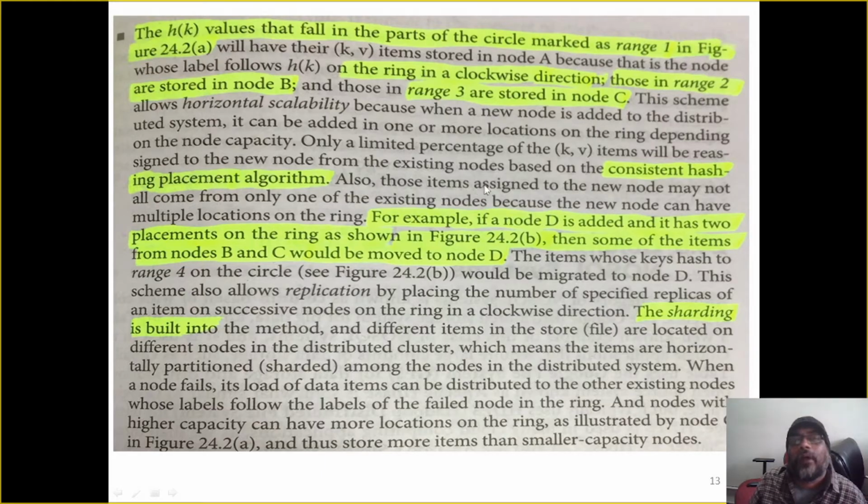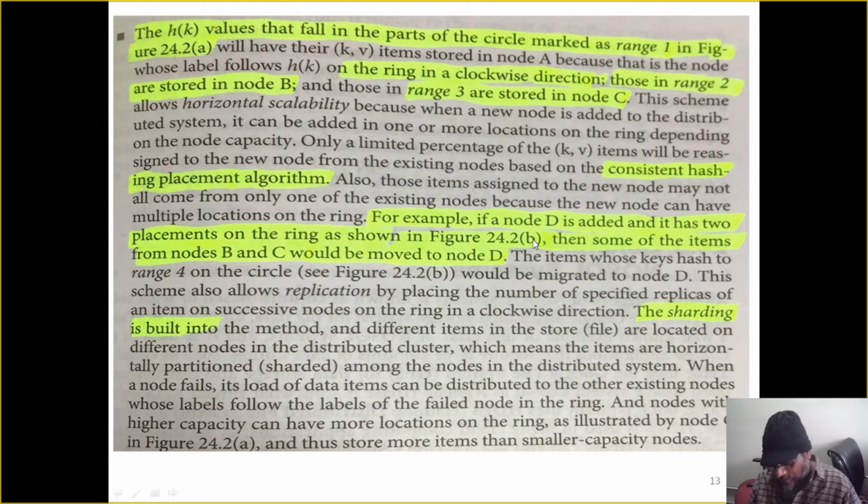Also, those items assigned to the new node may not all come from only one of the existing nodes, because the new node can have multiple locations on the ring. For example, node D is added and it has two placements on the ring as shown in figure B.